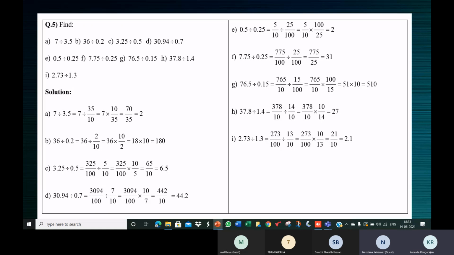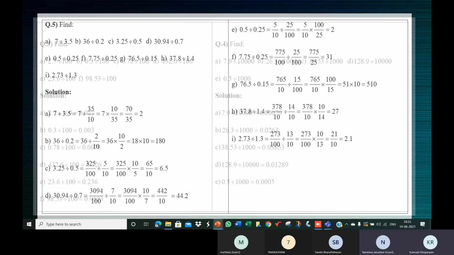Then we cancel 10 and 10, so it will be 1. It will become 378 by 14. Then you should simplify. You should use the table of 2, then maybe you'll have to use 7. When you simplify, you'll get 27 by 1, which is 27. Very good, Nandana. Thank you.